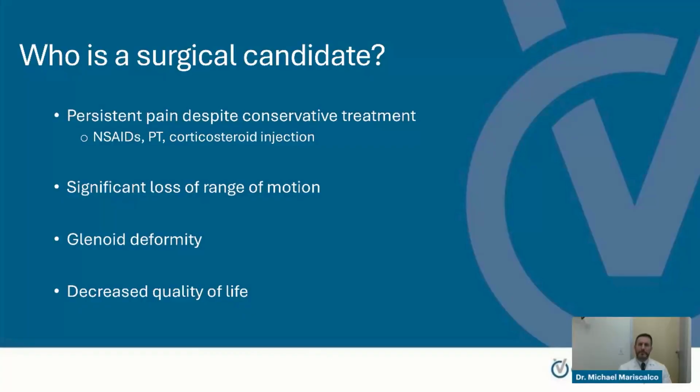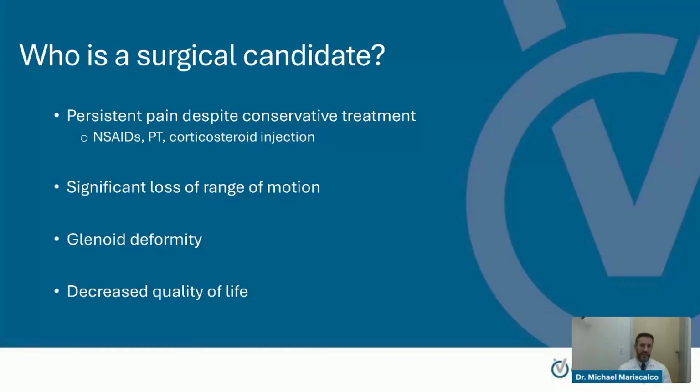So who would be an optimal surgical candidate? Typically, it's those that have had persistent pain, sometimes years or decades. Many people have tried conservative treatment, such as anti-inflammatory medications, physical therapy, multiple cortisone injections, significant loss of range of motion that limits one's ability to use their shoulder for activities of daily living, deformity of the glenoid, the technical term for the socket, as we saw in the slide before.